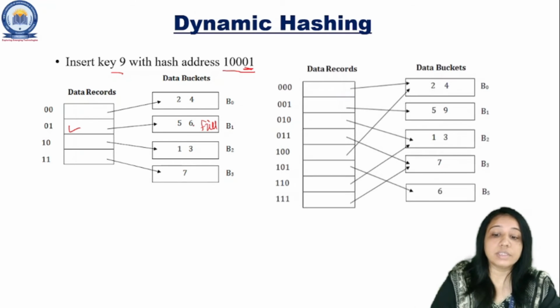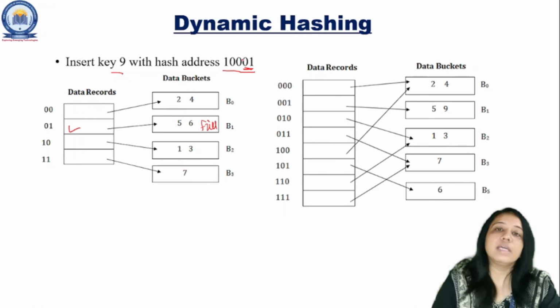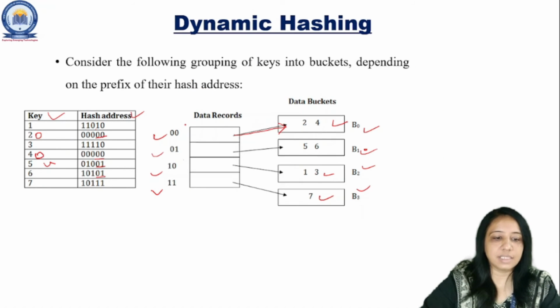The another bucket is going to be created, and this arrangement, that means the values, are also going to be readjusted. How is that done? For example, here you can consider the last three digits, that is 001. Now we have 5 and 6 in this bucket, so let's see the last three digits of 5 and 6.